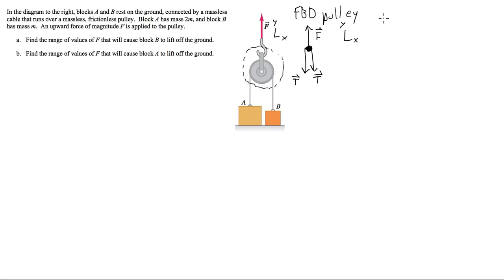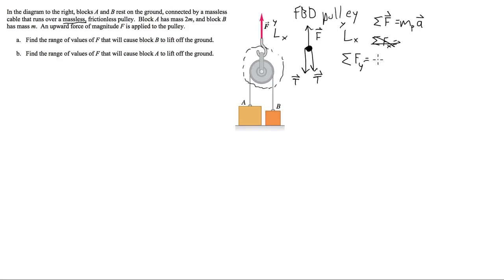So then sum of forces on the pulley equals mass of the pulley times its acceleration. Why haven't I drawn the weight of the pulley in here? Well, because it's massless. So there's no weight for the pulley. Sum of forces in the x direction equals 0, but actually we don't have to write this at all.